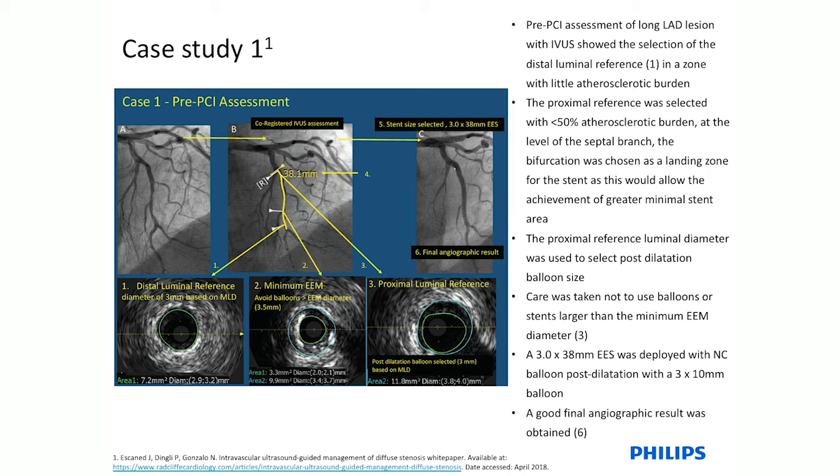So after choosing a 3.0 by 35 millimeter everolimus eluting stent and optimizing with a non-compliant balloon, we obtained a very good result that you see on the right. So again, an example that illustrates how to take into account distal and proximal landing zones, and the characteristics of the vessel in the segment that is in between.